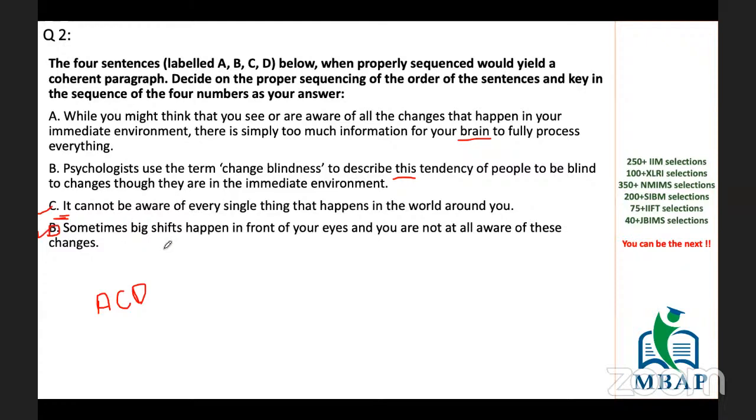So that leaves B to be our conclusion, and moreover it fits more like a conclusion because what psychologists call this particular scenario is given in B. Okay, now next.